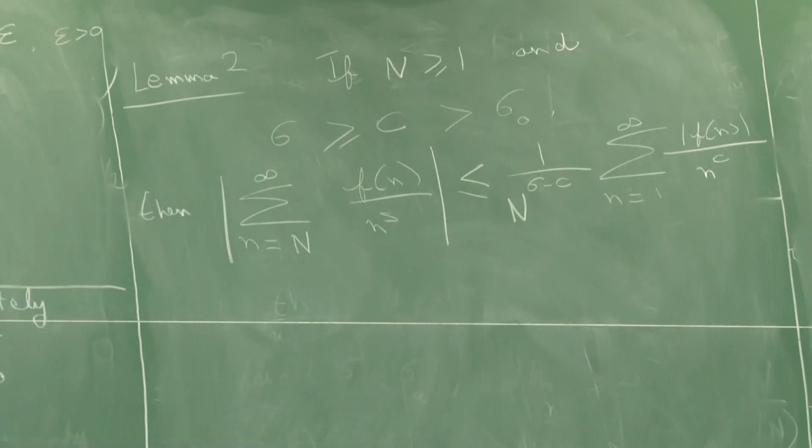This is always true. Again, by a sort of comparison test you can prove this. So I will leave the proof of this lemma as an exercise, but what is it good for? What is it actually telling us?